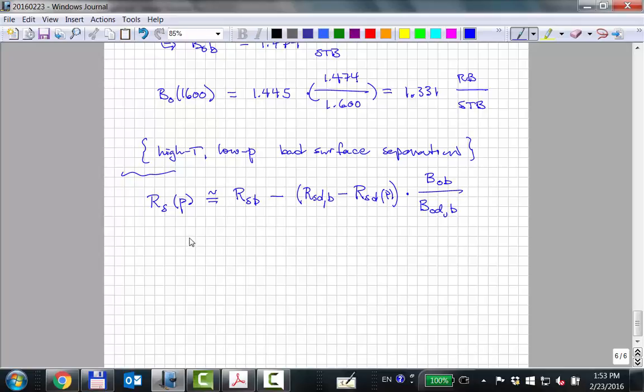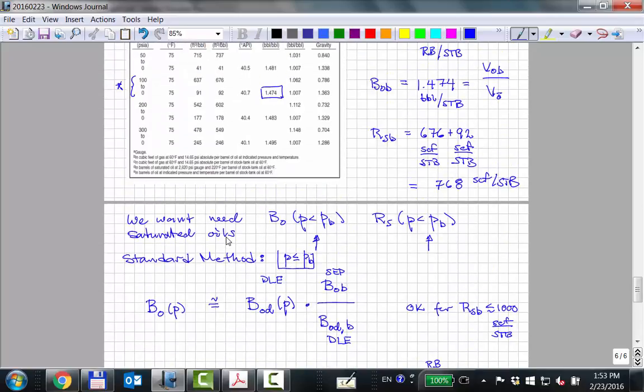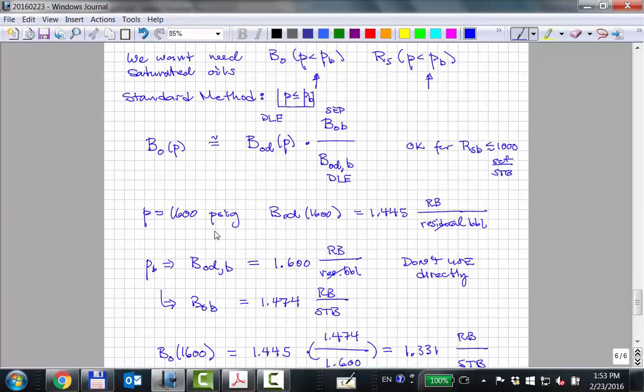Okay. So just to do our example at 1,600 pounds, the RSB, of course, that was 768.